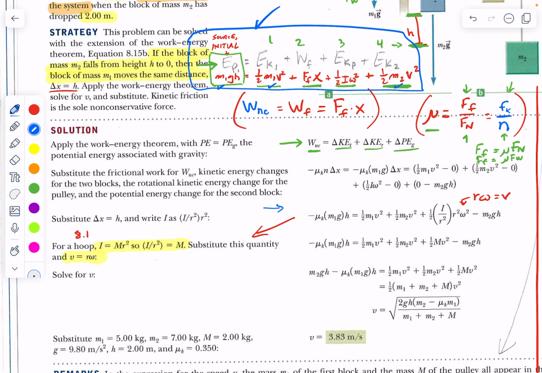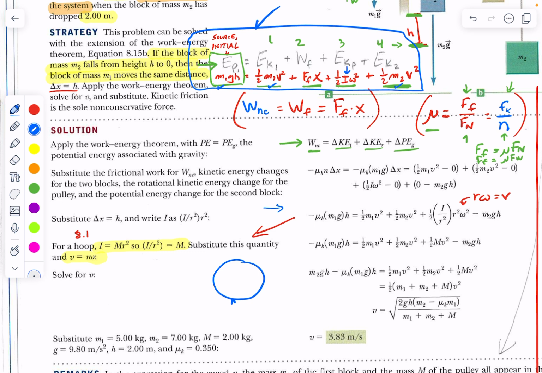The thing that I wanted to point out is we're going to have to go to table 8.1 to find out what is the rotational inertia for a hoop, for a wheel where all the mass is located around the edge, for all intents and purposes, in this pulley.